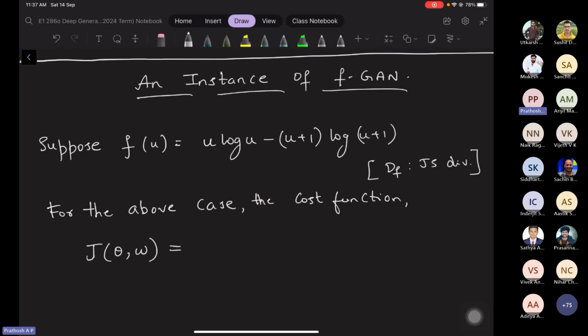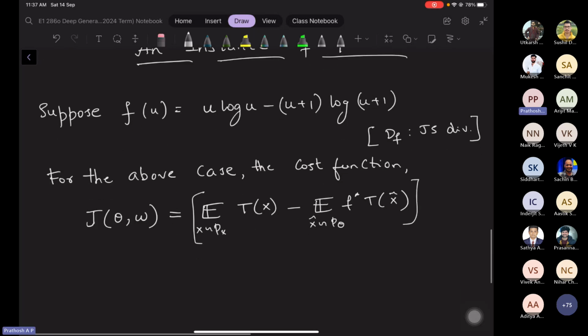It's a function of theta and w. What was that? It was the expectation of T of x as x comes from P_X, minus the expectation of f star of T of x cap as x cap comes from P_theta. This was our cost function in general.